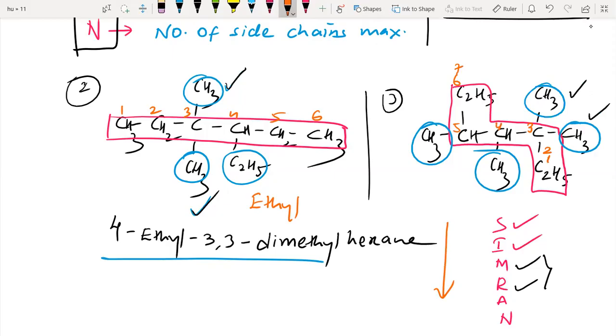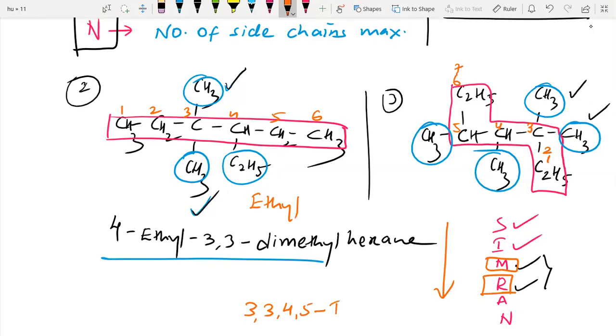Okay, so where is this methyl attached? Carbon number 3, 3. C, R for repeated, the number is repeated, and comma 4, 5. Now this M is for more alkyl groups of the same type.